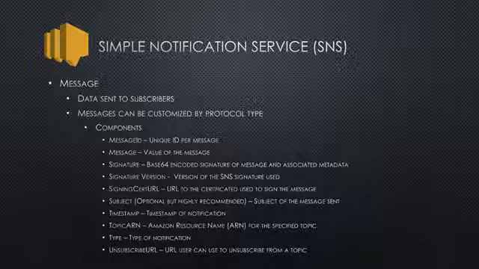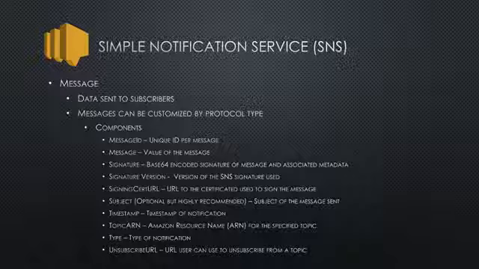Messages can be customized by protocol type, and the components of a message are the message ID, which is a unique ID per message; the message itself, which is the value of the message; a signature, which is a base64 encoded signature of the message and associated metadata; the signature version, which is the version of the SNS signature used; and the signing cert URL, which is the URL to the certificate used to sign the message.